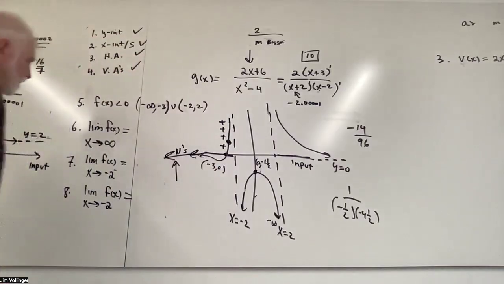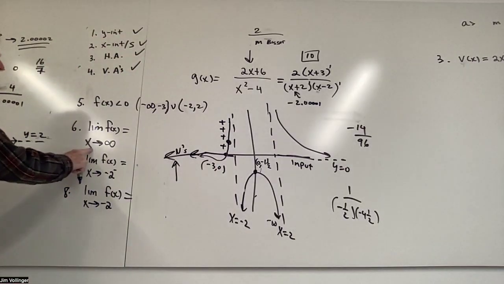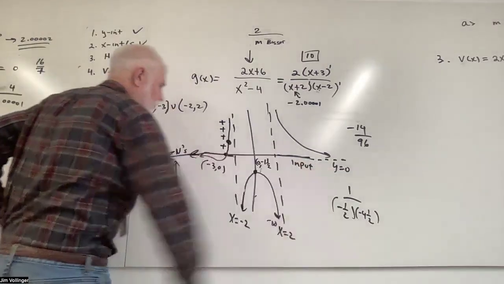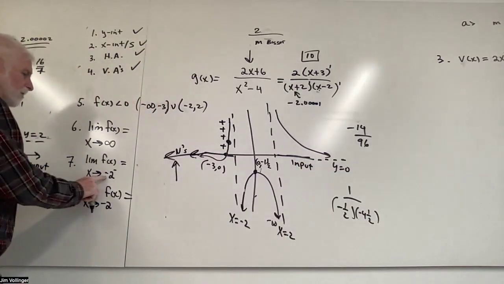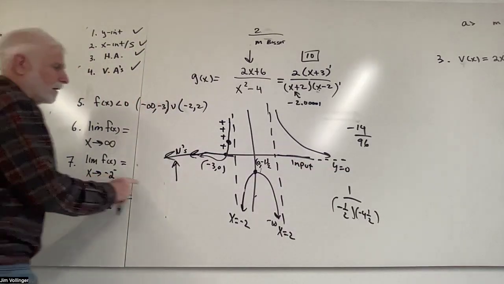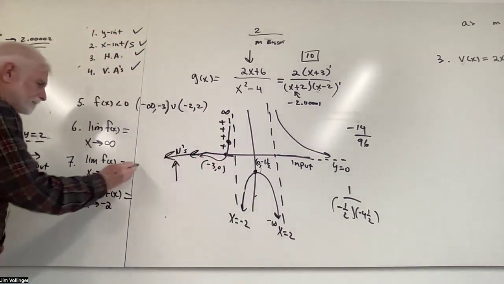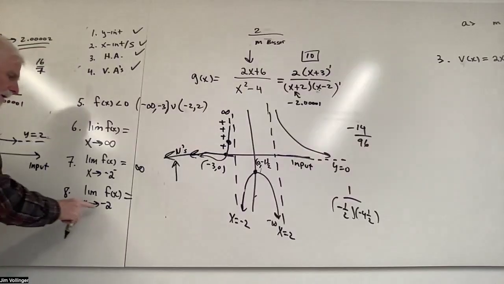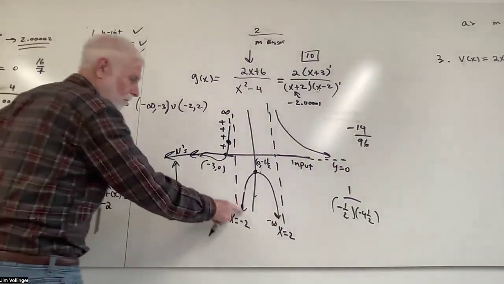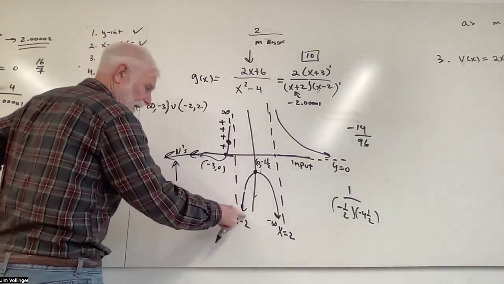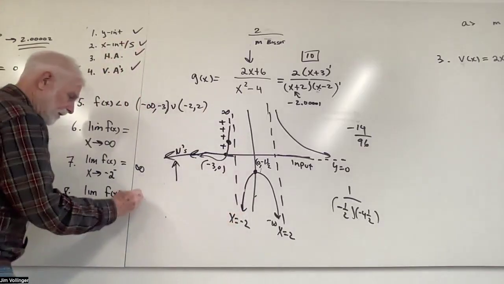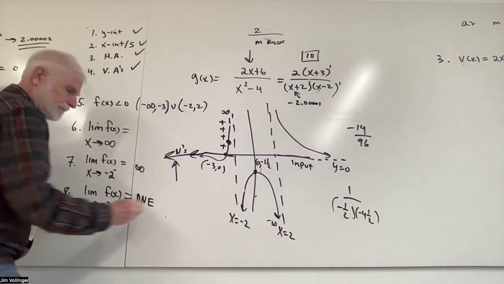All right. As x goes to infinity, we answered that. My y values go to 0. As x goes to -2 from the left, I'm headed to positive infinity. -2, well, I changed from positive infinity to negative. I got a sign change, so that's another does not exist.